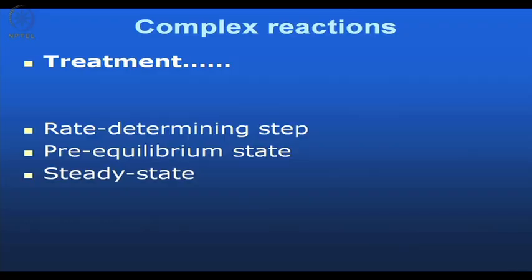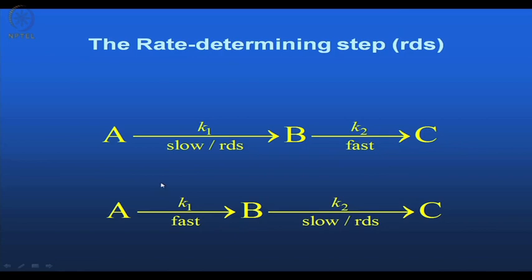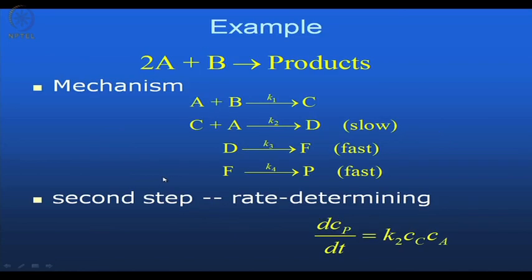You can invoke the concept of pre-equilibrium, and also you have to invoke the steady state approximation to find out the concentration of the reactive intermediate involved in the particular reaction. We have given one example where this is your slowest step.